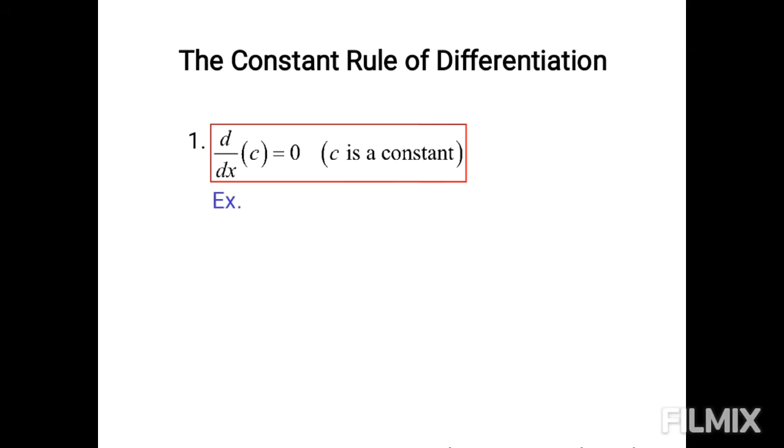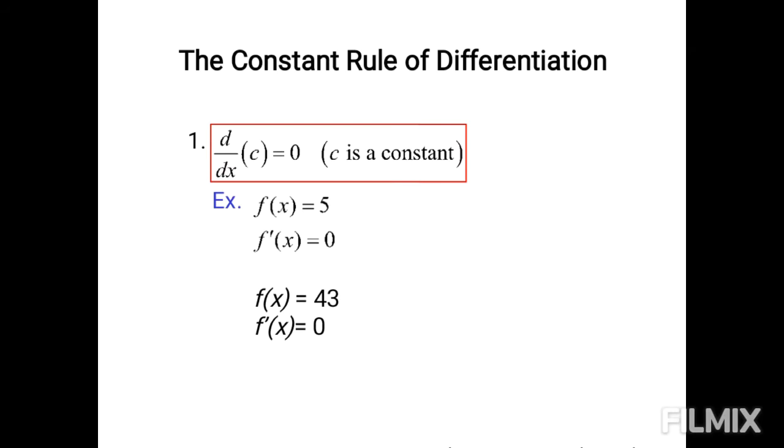Let's see the first example. Say we have the function f of x equals 5. The derivative of that constant will be 0. And say we have f of x equals 43. As well, the derivative of that will be 0.